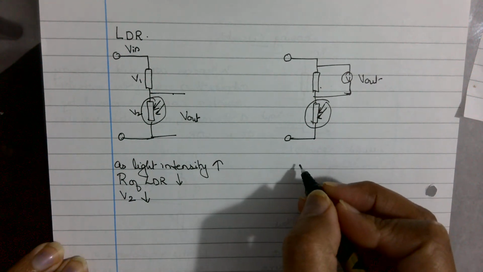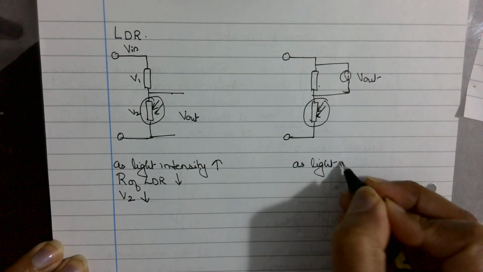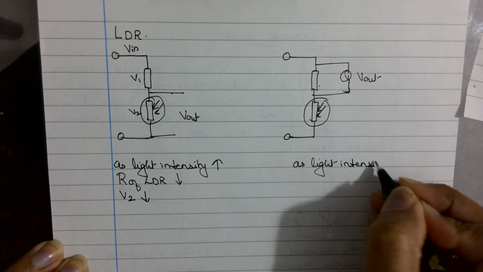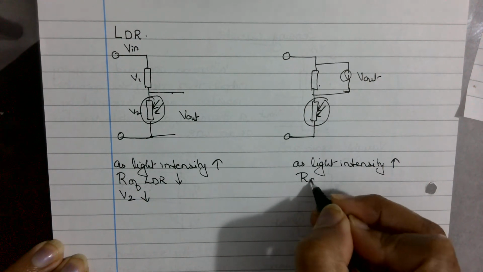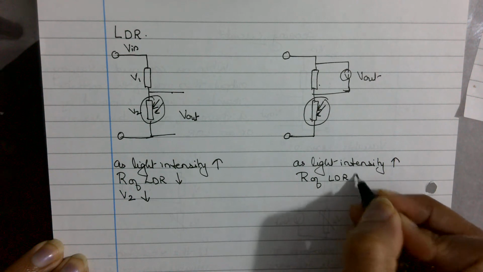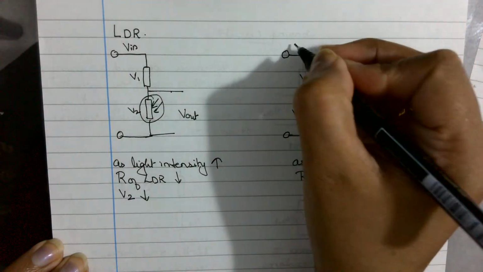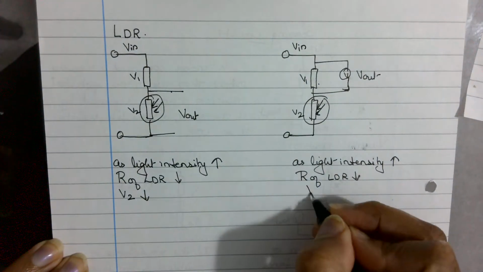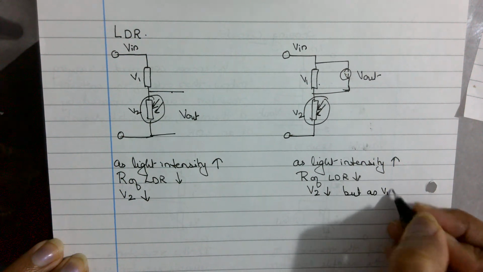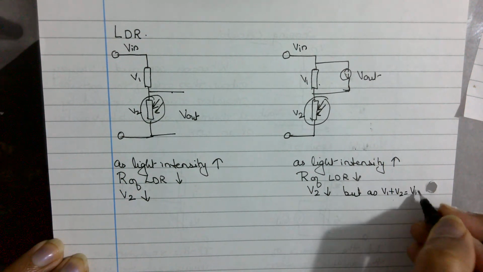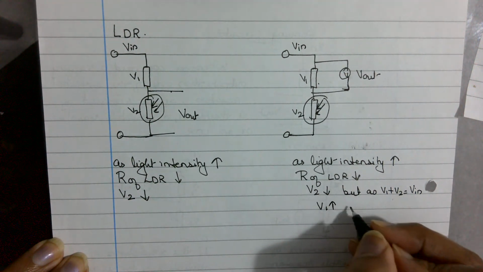And then here what happens? As the light intensity increases, the resistance of LDR definitely decreases. Then again, if we label this as V2, V1 and V in, V2 will decrease, but as V1 plus V2 is equal to V in, V1 will increase.